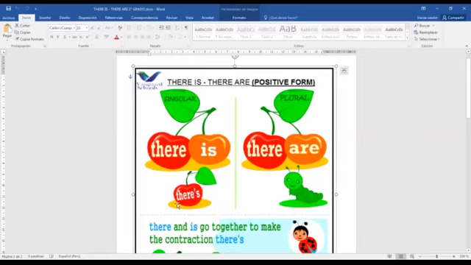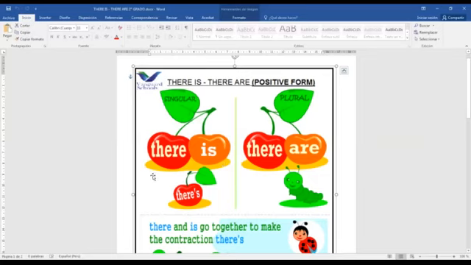Or you can say there's an apple. ¿Ok? Si yo quiero decir hay una naranja, I have to say there is an orange. If I want to say hay una pelota, in English is there is a ball.